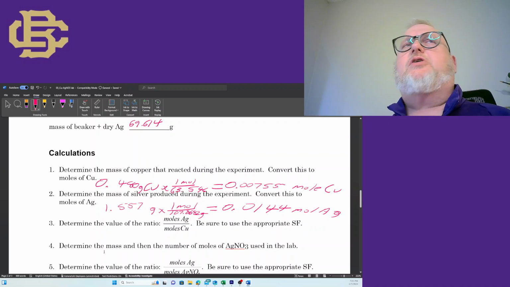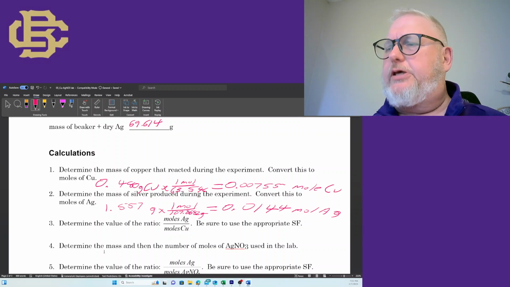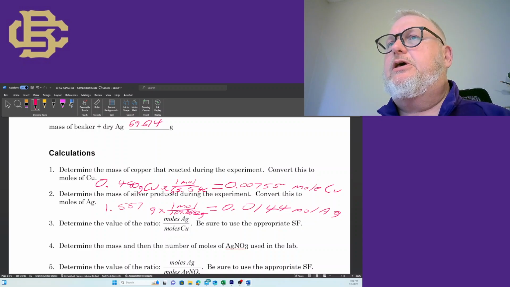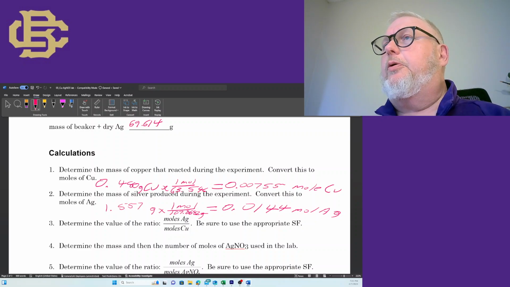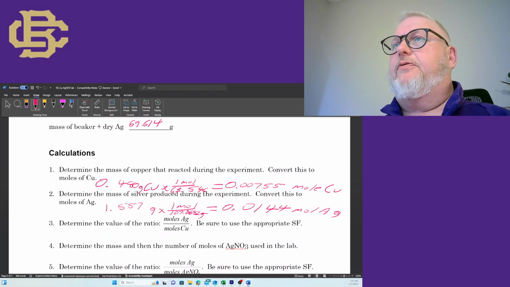Remember when we first started, we didn't know if this is copper 1 or copper 2. If we recall, we did the 2 types of reactions. If it's copper 1, it ought to be a 1-to-1 relationship. Well, let's look. My moles of silver, 0.0144 moles, I'm going to divide by my 0.00755 moles of copper, to get the ratio.